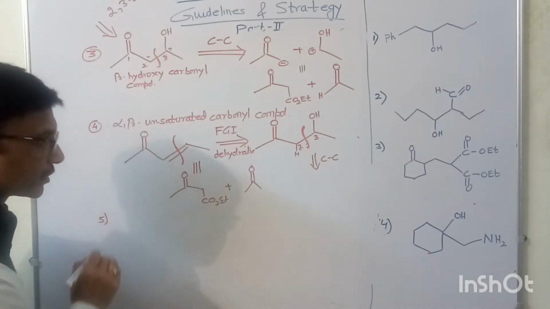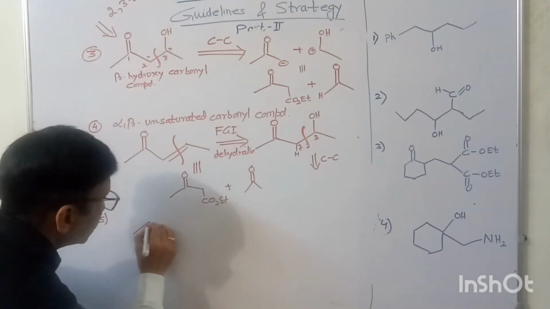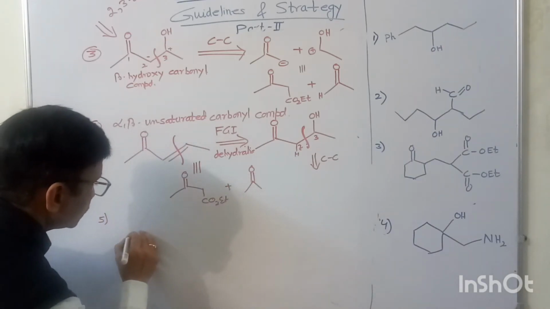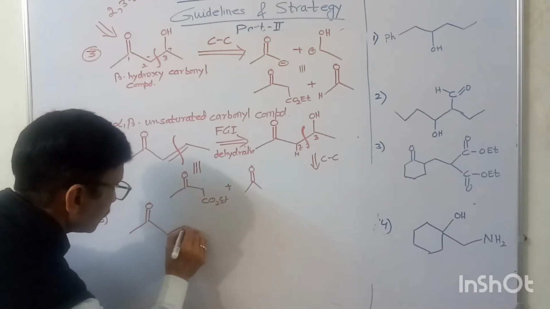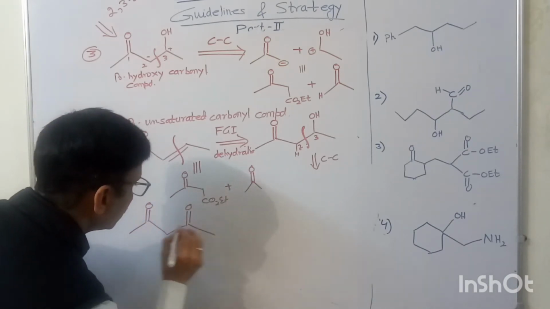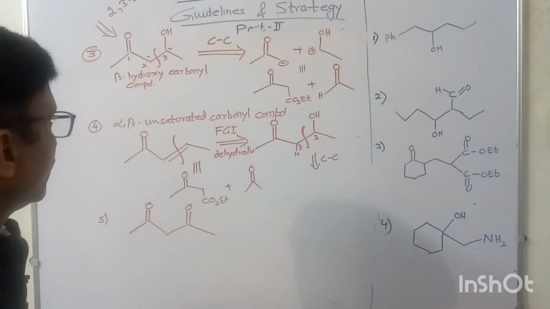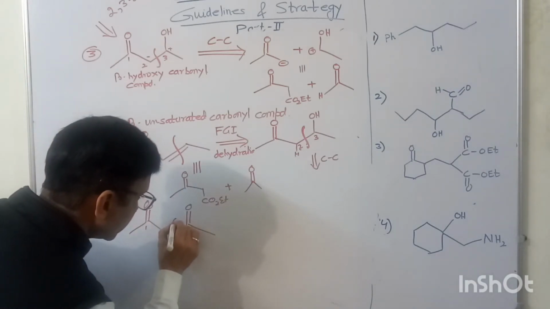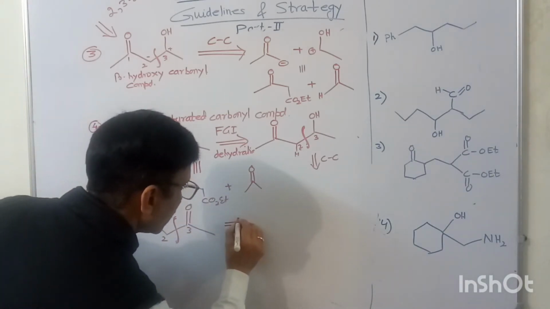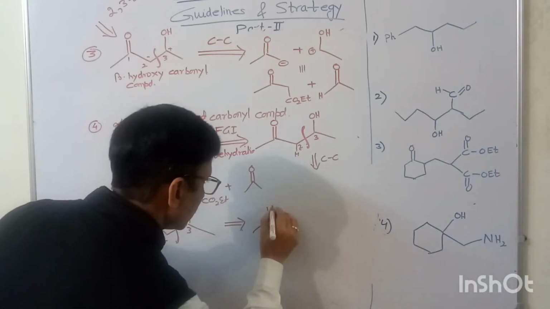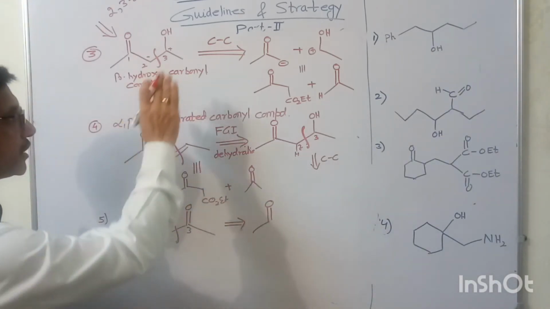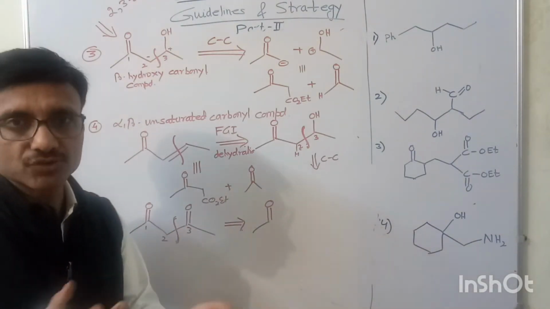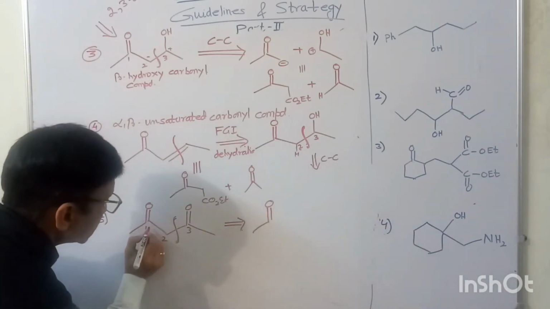Now suppose you have a 1,3 dicarbonyl compound. Then 1, 2, 3, we can disconnect it from here. These disconnections give you the natural synthons. This is minus, this would be plus.